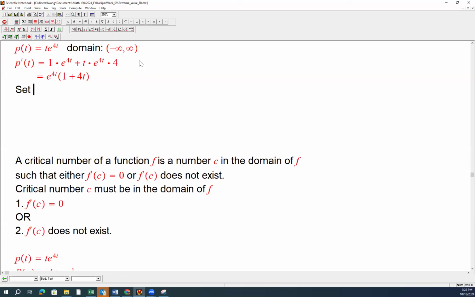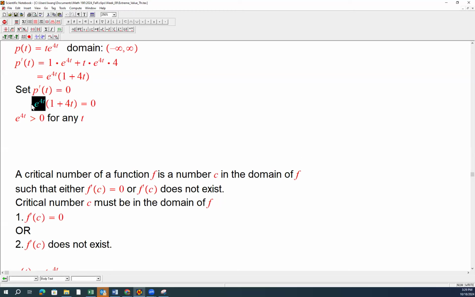When we set P prime equal to 0, this whole piece is going to be 0. E to the power 4t is always positive for any t.